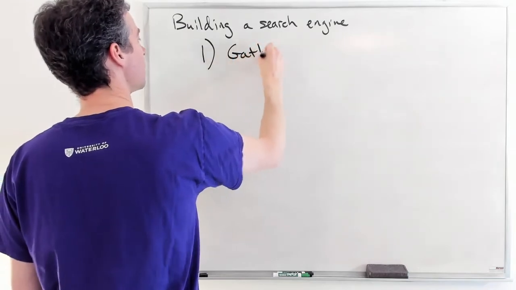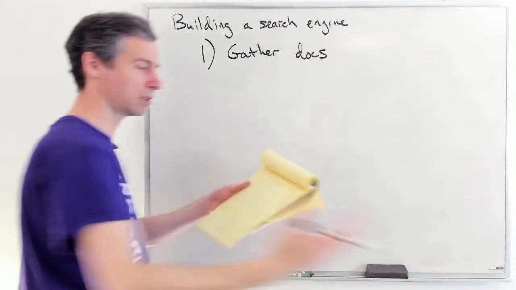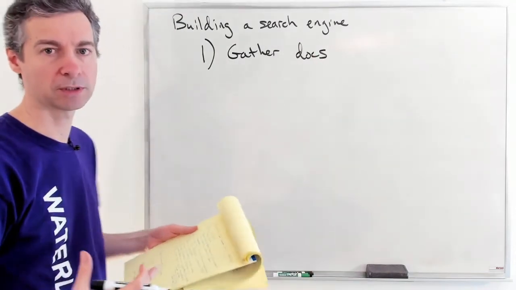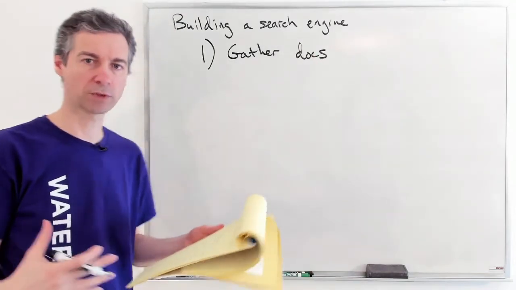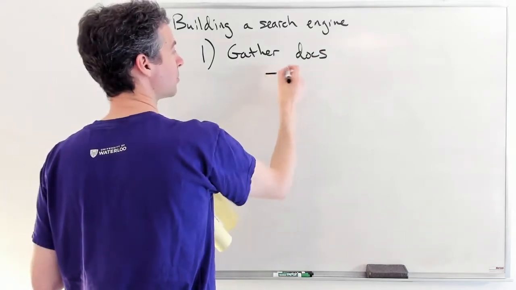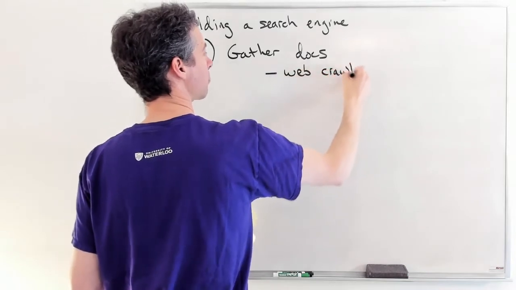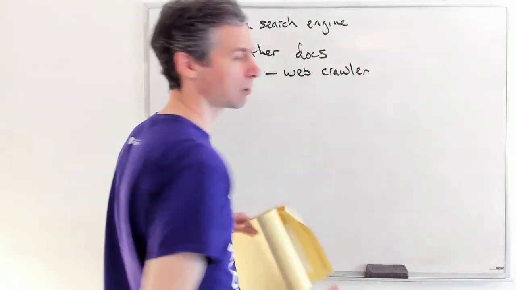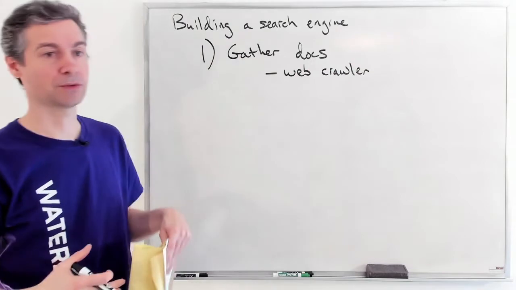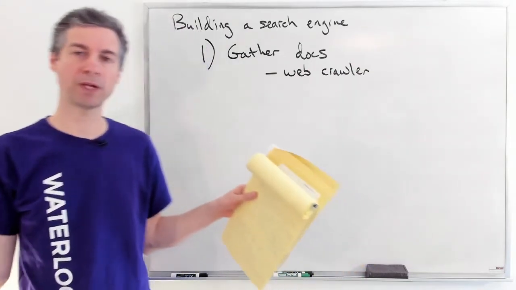The first step is to gather the documents. We need to bring them all into the computing system that we're going to be using so that they're there. If you are a web search engine, this means you use a web crawler. The nature of the web crawler is, you start it with some seed websites, web pages out there.